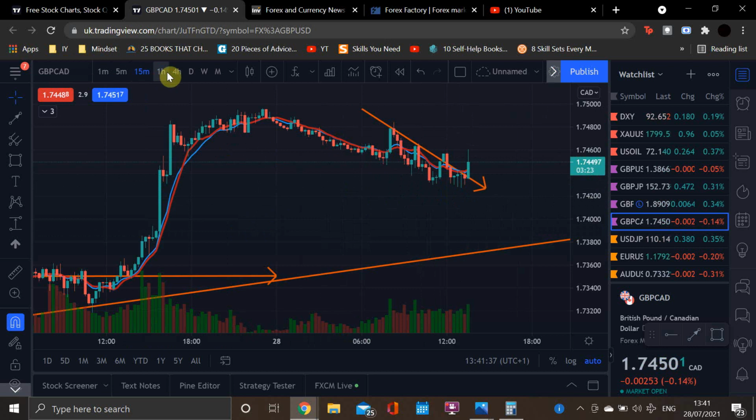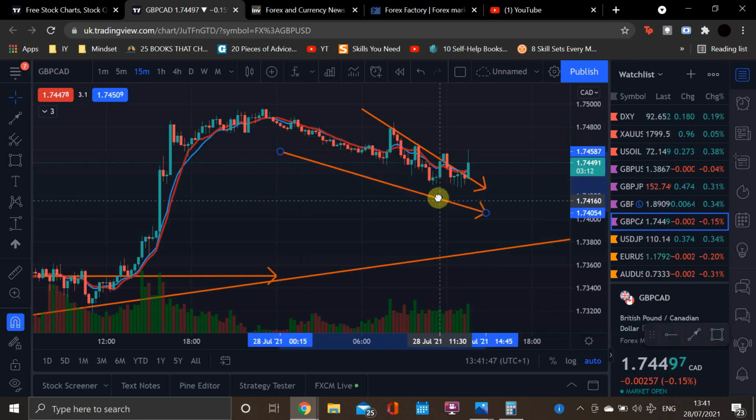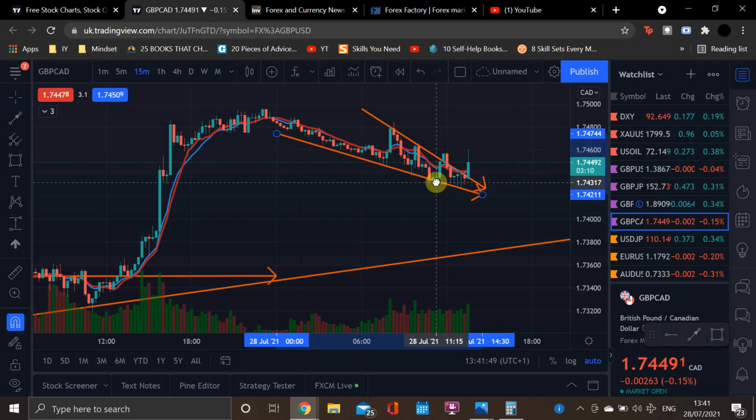You know what? Something's making me think this was not really a trend line. I think maybe this may have been a falling wedge. It could have been a falling wedge, possibly.